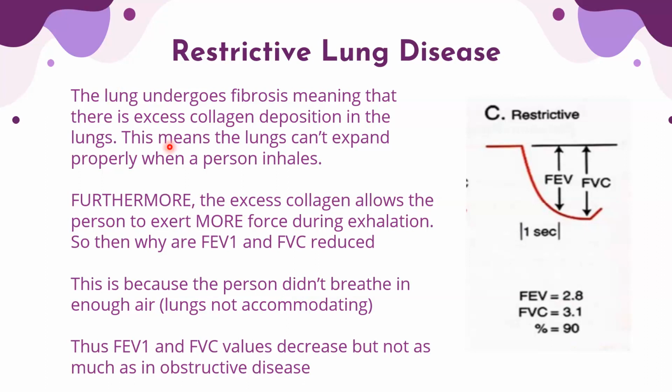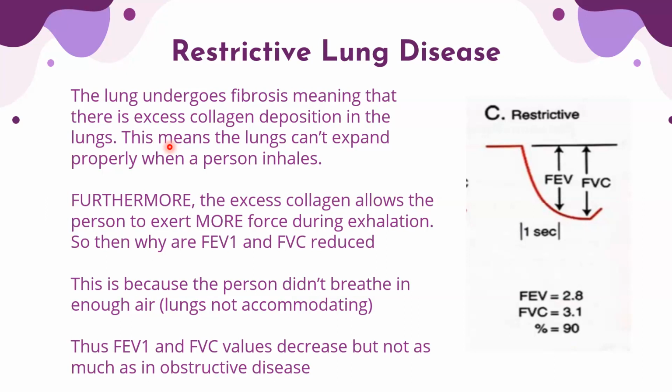But what the collagen does allow is that it increases the recoil force. If recoil force increases, the person can put in more force during exhalation, because in exhalation the alveoli close in on themselves in the recoil force and push the air out.